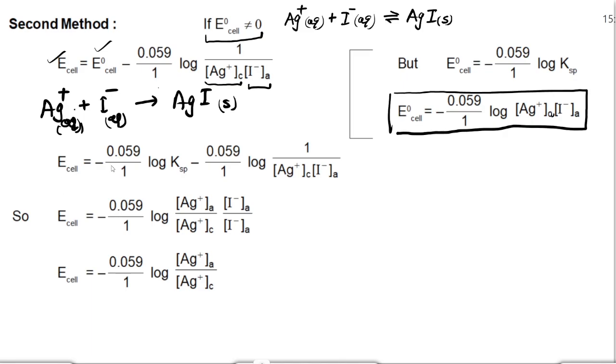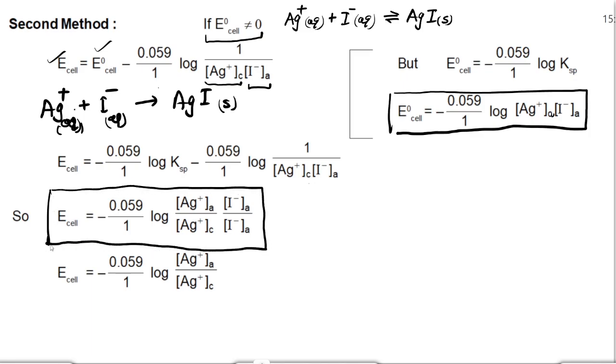So overall E cell is minus 0.059 upon 1 log of Ksp minus 0.0591 upon 1 log of 1 upon Ag plus cathode into I negative anode. So overall E cell comes out to be Ag plus anode into I negative anode, that is Ksp, over Ag plus cathode into I negative anode, from this equation.